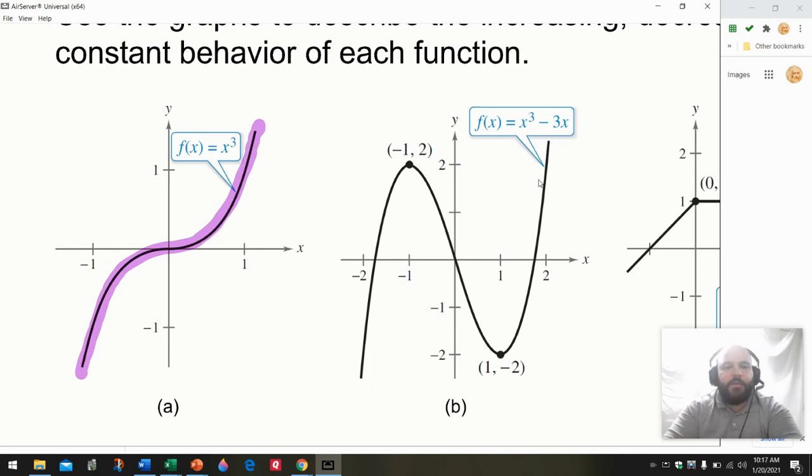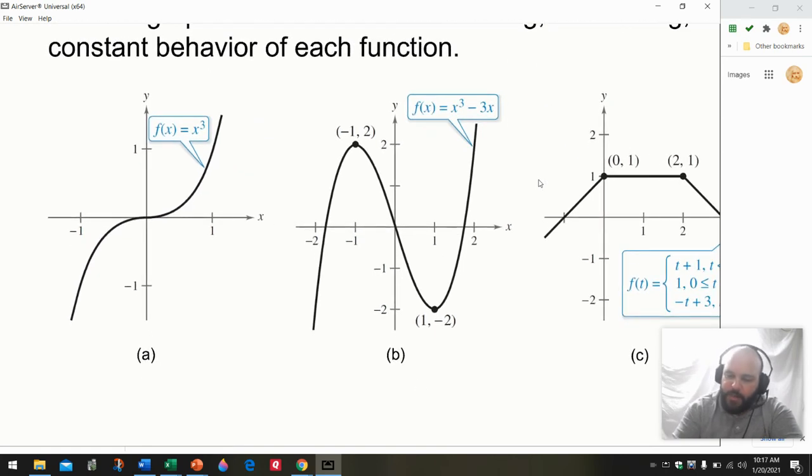So that particular graph always continues to go up throughout the entire thing. So what we would say is it is increasing from negative infinity to positive infinity, because it's always going up. Now, the next one's a little trickier.